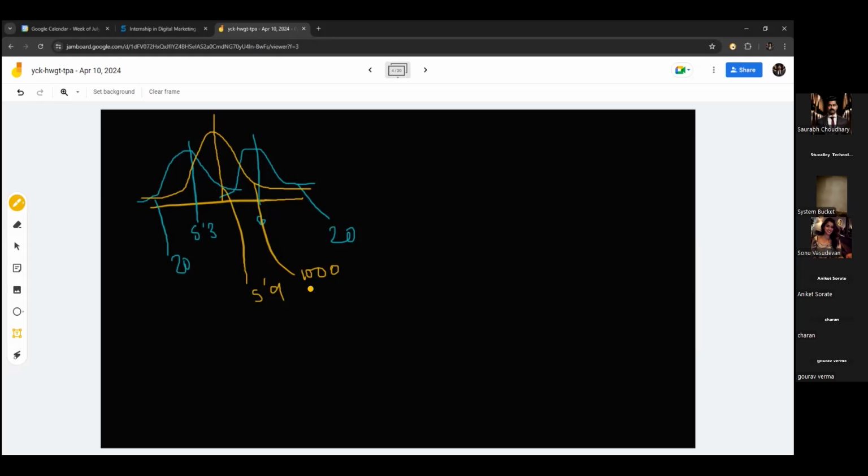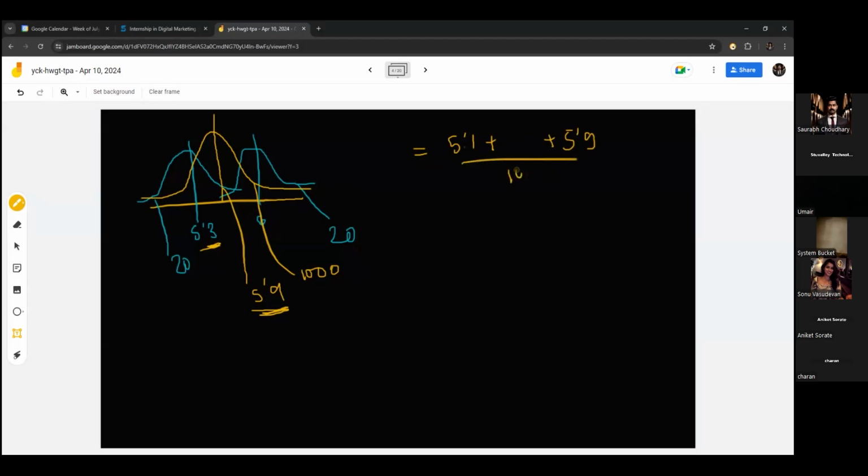So this is what happens. We are matching our this mean with this one. Here you're dividing by 100, so you might be getting 5.9 as the average, right? But what if you are dividing by a very small number?